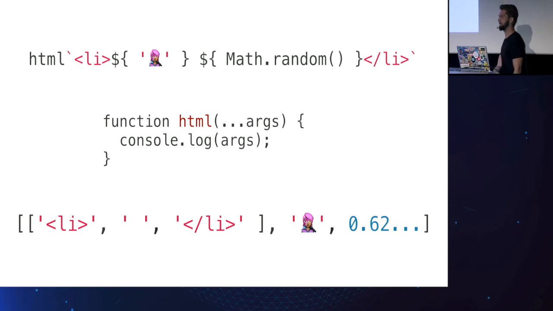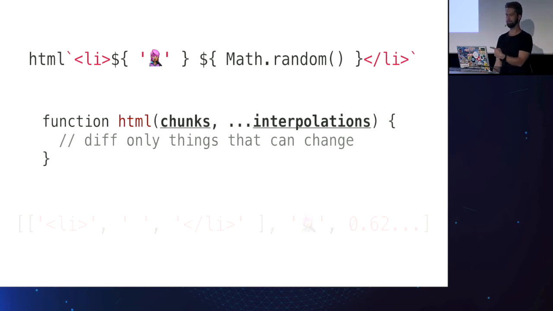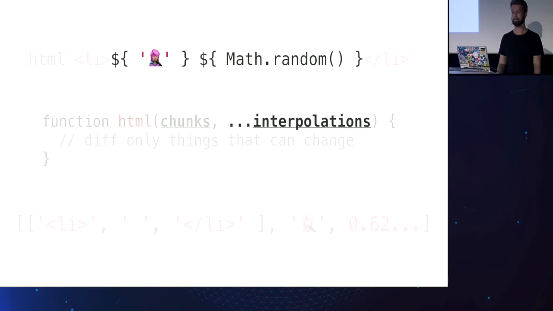So when I add another dynamic part, it goes onto the arguments list. When we restructure everything a little bit, we see that the first array is basically the static parts, and everything that follows are the dynamic parts.